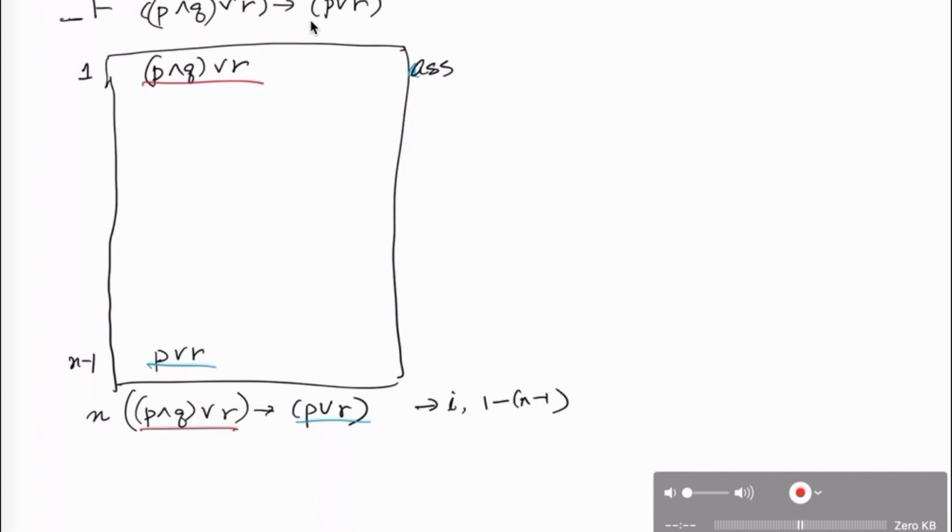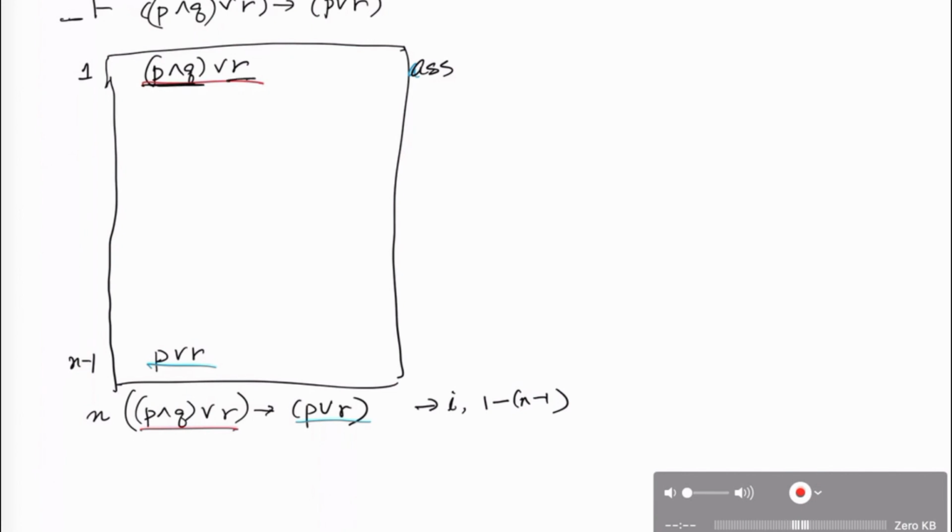Okay, so how do we prove this? The idea is we have to prove P or R from this. For this problem, the OR introduction strategy in the previous page does not work. The idea that works here is to use the OR elimination rule. So think about line 1 as a case statement.